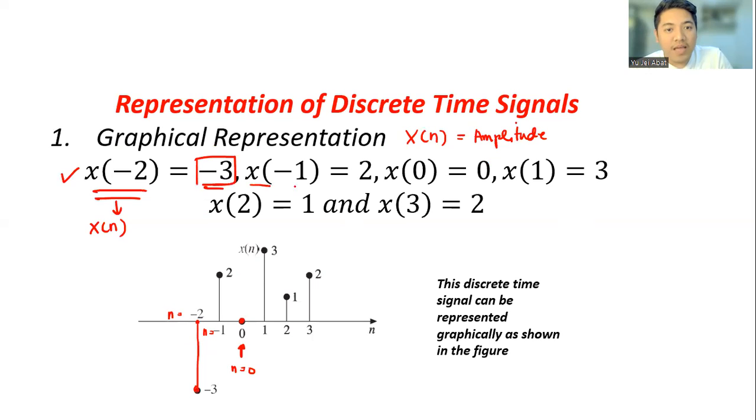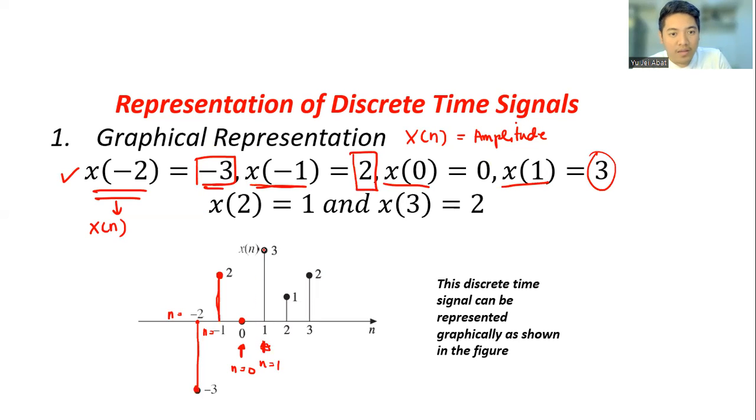The same with x of -1, we have an amplitude of +2, so that we can represent that discrete time signal in this one. X of 0 equals 0, so we have a value of 0 at n equals 0. We have x of 1 with an amplitude of +3, at the position n equals 1.